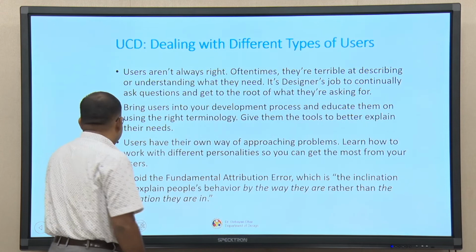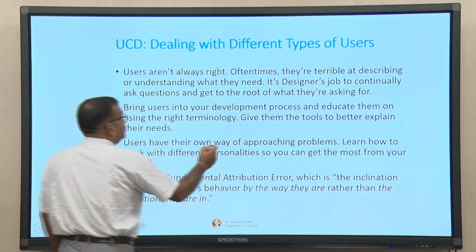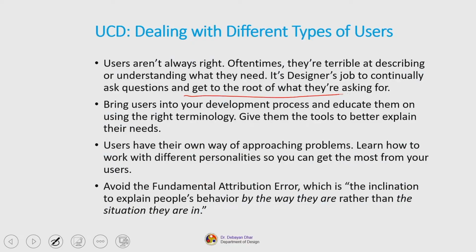We must ensure that this is happening. This is the design team's responsibility. This is not the responsibility of the user to tell you what they require or what they need.